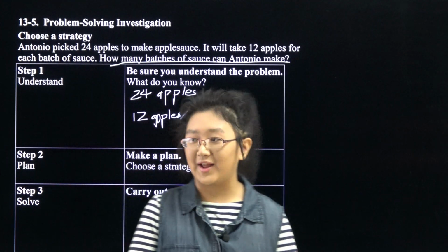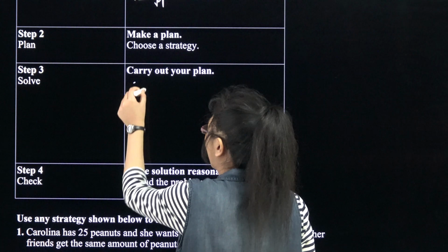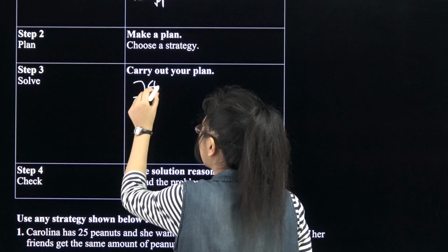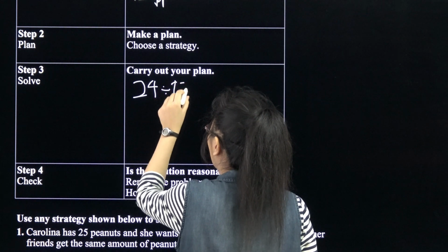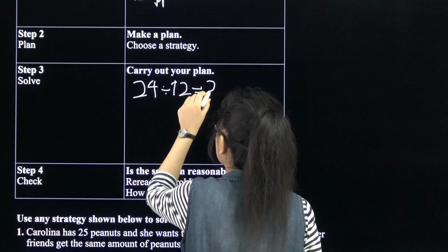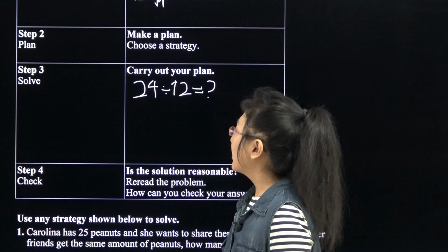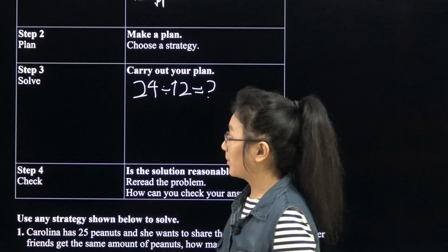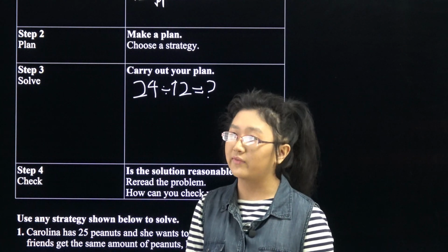Now we carry out our plan. So 24 divided by 12 is equal to what? Now why 24 divided by 12? We want to find out the number of batches that Antonio makes. Antonio has 24 apples and each batch takes 12 apples.